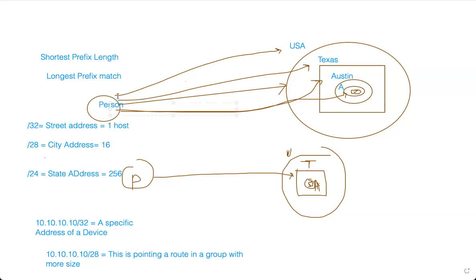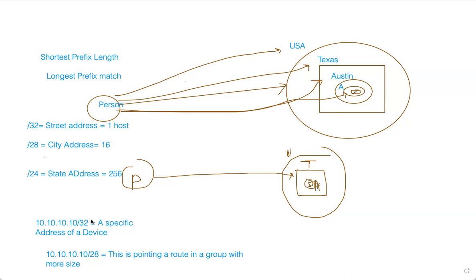So that is pointing in a route table. If you have multiple routes, whichever route has the longest prefix match, meaning we are matching the right route, that route is preferred over matching a route in the group. That is the routing condition.